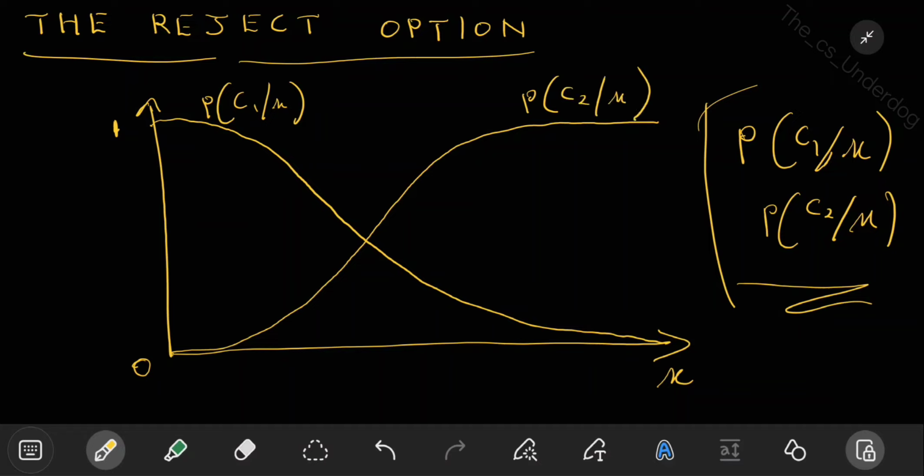When you come to these areas, it is having similar probabilities for c1 given x and c2 given x, so you are not sure of what to do. What would you do? You would put a threshold. Let's say your threshold theta is somewhere here. If this is your threshold, whatever is not above this point, you won't classify into any particular class.